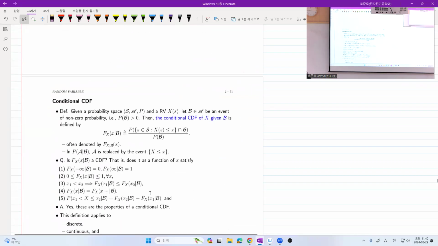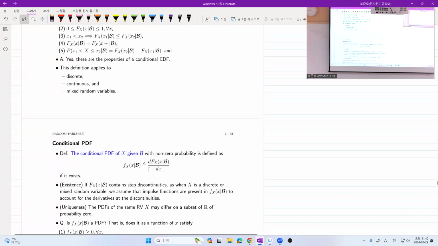We can also consider the conditional CDF, right? By differentiating this one, we can define the conditional PDF. Very simple. Okay, so let me be more specific because you already got confused. So given a random variable, so given this induced probability space or the CDF directly, okay. First, X is discrete.